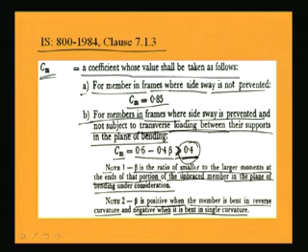So the sign of beta can be determined from the curvature. And beta is the ratio of smaller to larger moments at the ends of that portion of the unbraced member in the plane of bending under consideration. In this way we can find the value of Cm.